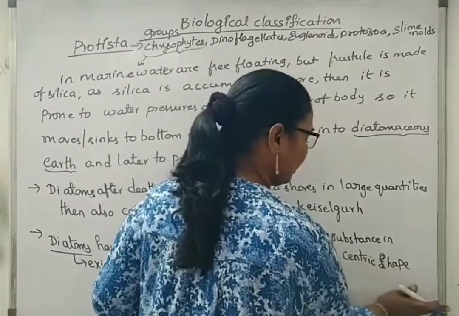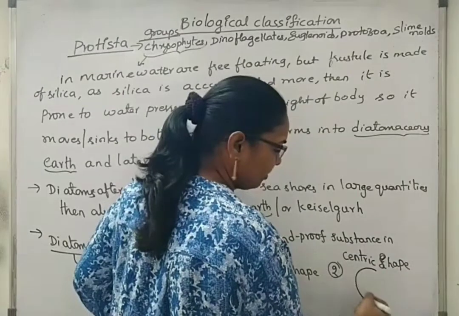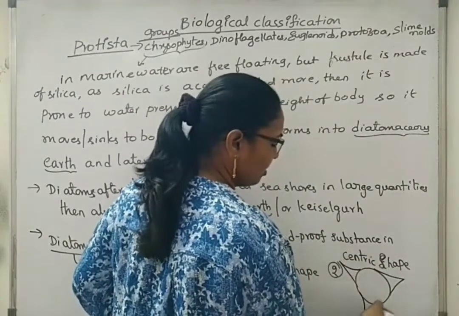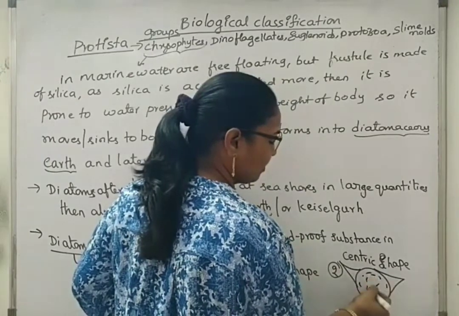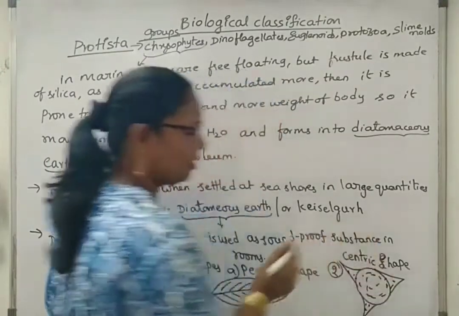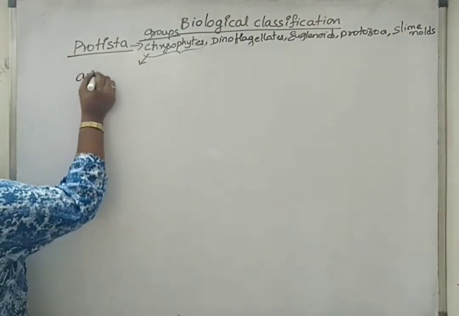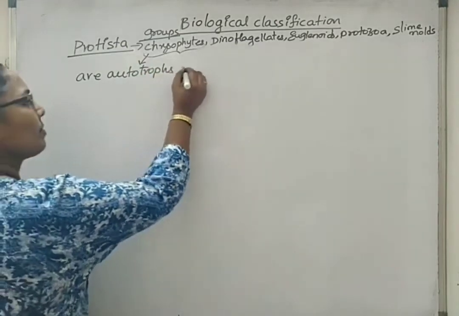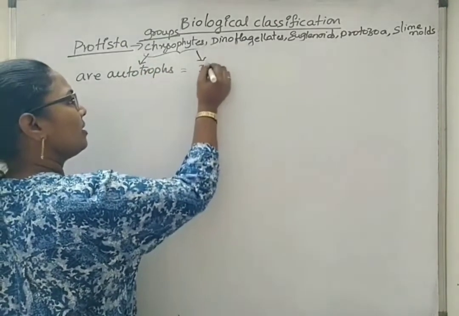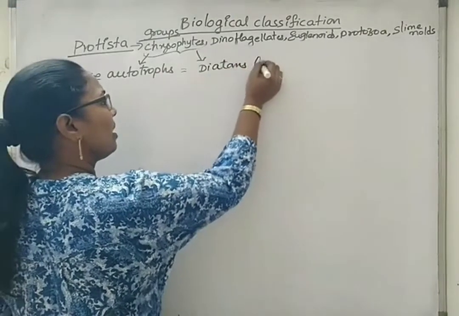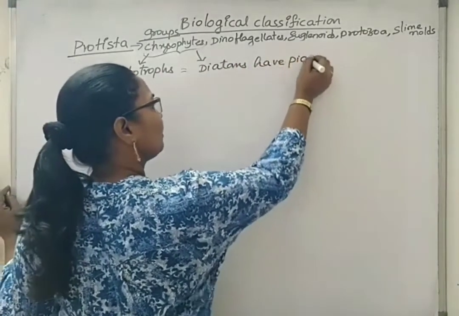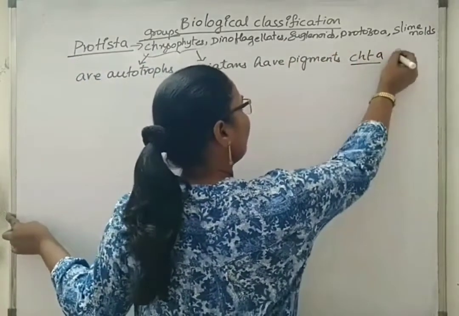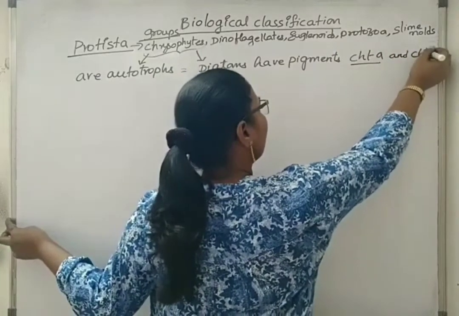We can neatly draw this as a big one, 1, 2, 3. Centric shape. They are autotrophs. Chrysophytes, that is diatoms, have pigments like chlorophyll A and chlorophyll B.